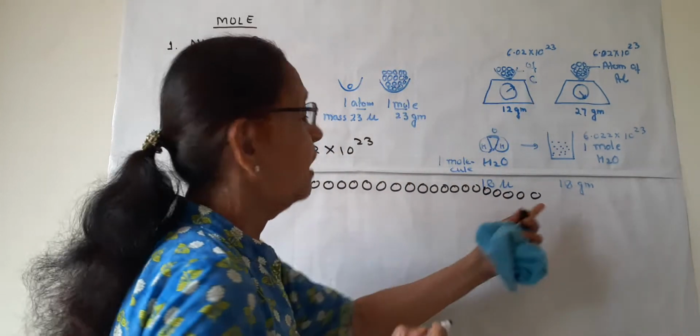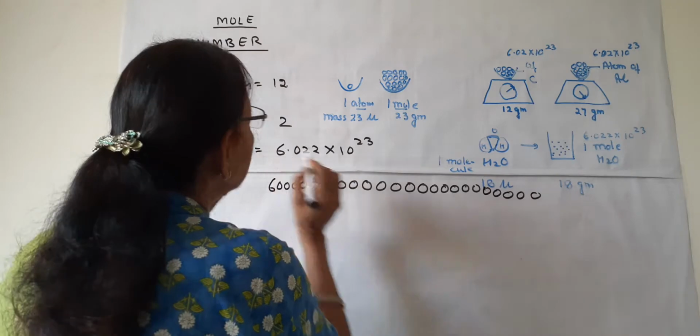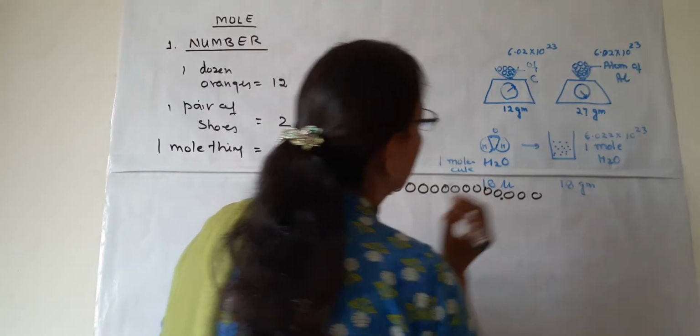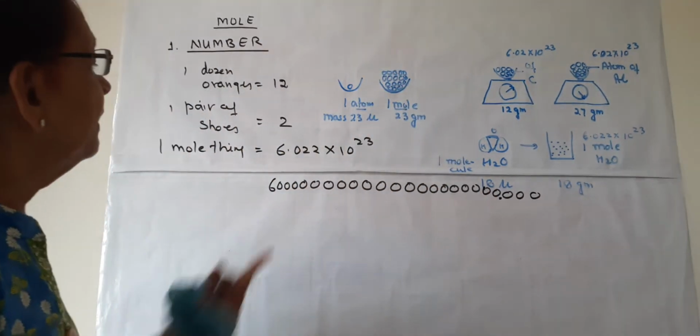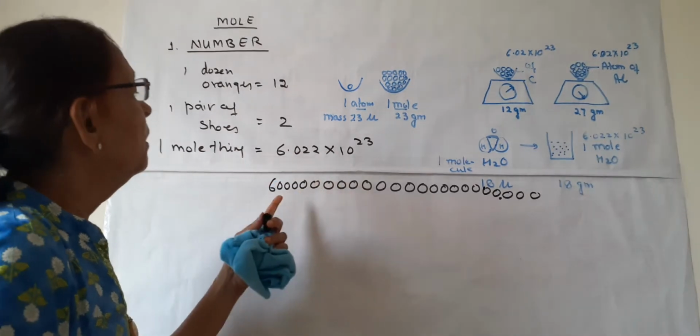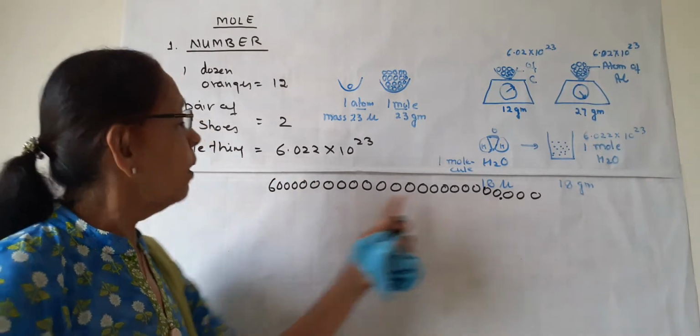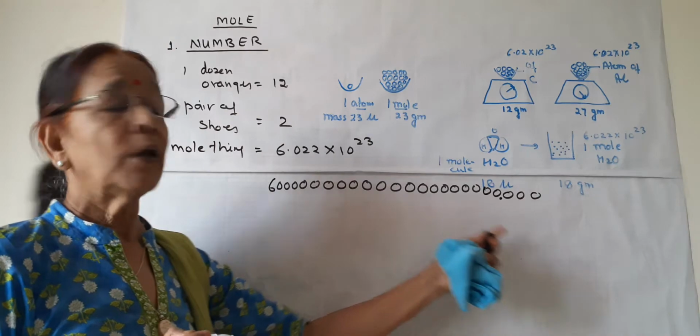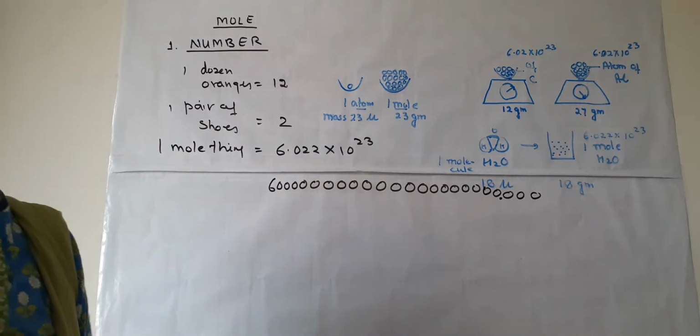So after 6 I have put 23 zeros, and the decimal point should be written here as 6.022. So this is how many things should be there in 1 mole.